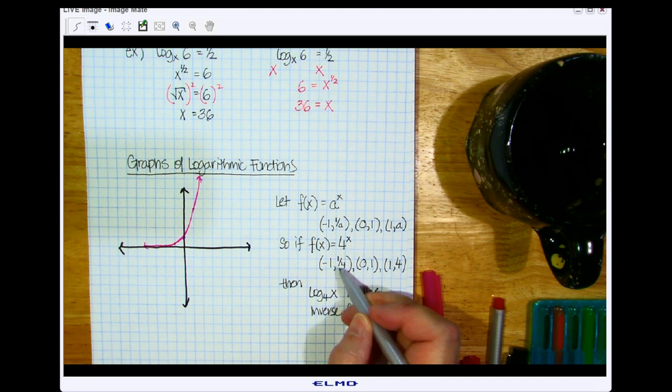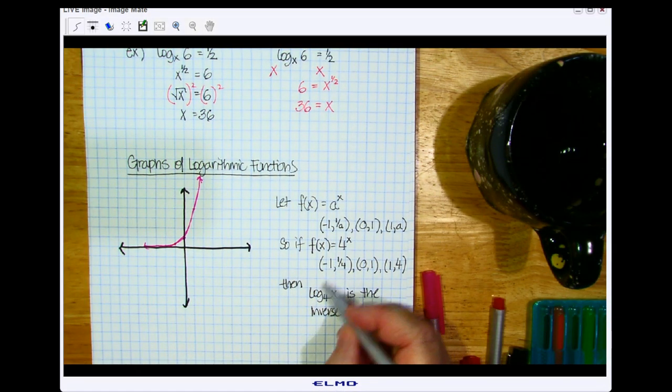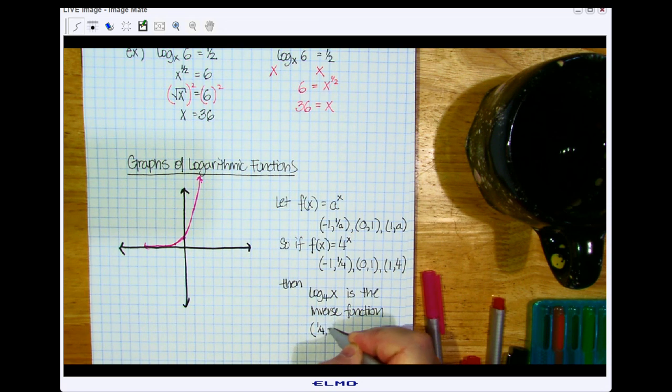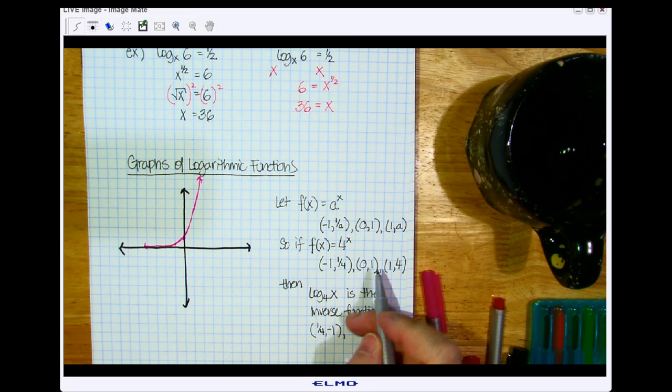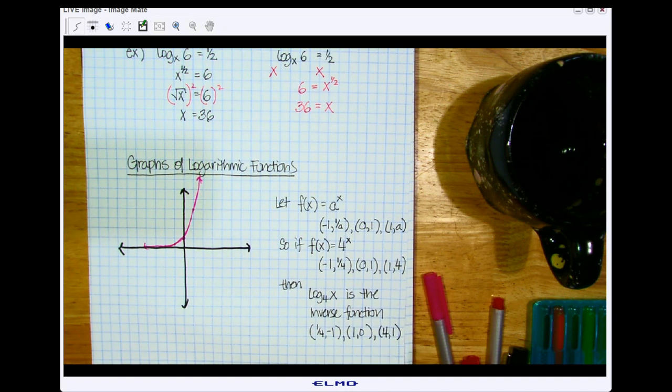Remember we said just a few moments ago that these are inverse functions. So that means my points are going to be 1/4, -1. Inverse flips the x and the y. 1, 0 and 4, 1.